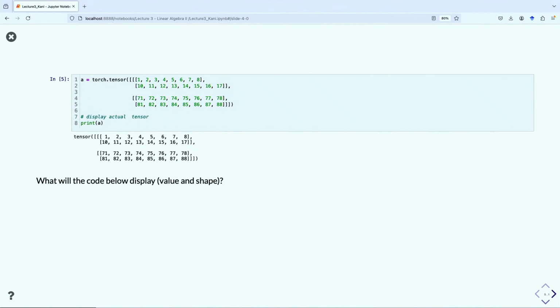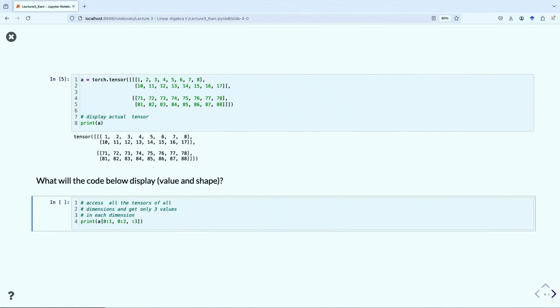Oh, what will the code be? Let's look at the inverse problem. I sliced up the tensor in some manner. What's the code below going to display? Yeah, please. It'll display every third element in the first 2 rows in that first section.